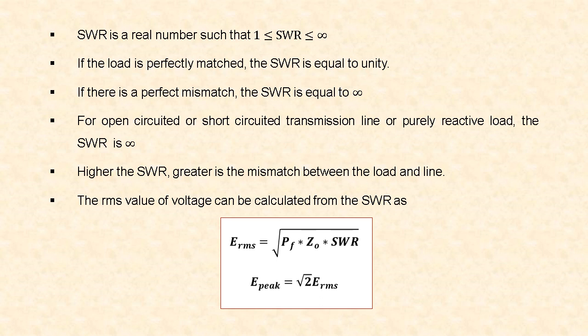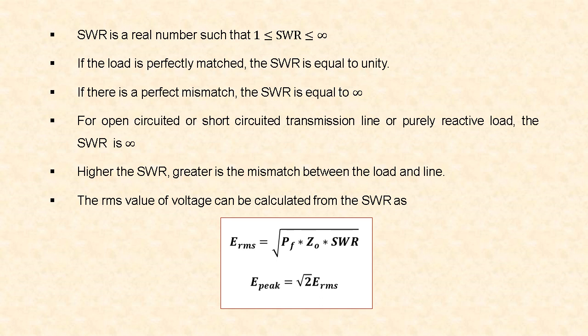If the load is perfectly matched with the transmission line, then the standing wave ratio is equal to unity. If there is a perfect mismatch between the load and the transmission line, then the standing wave ratio is equal to infinity. That is, for an open circuited transmission line, a short circuited transmission line, or a transmission line terminated by a purely reactive load, the standing wave ratio value is infinity.